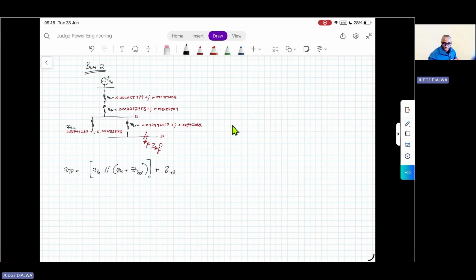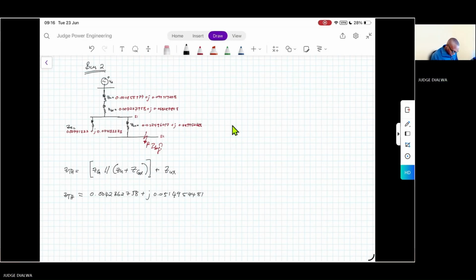Now, this parallel-series combination is a bit of a skill. It might be uncomfortable for a first timer, but we get the hang of it with time. So that will be, mind you, this we had already computed in our previous step, 0.0042362758 plus j0.0514954481.